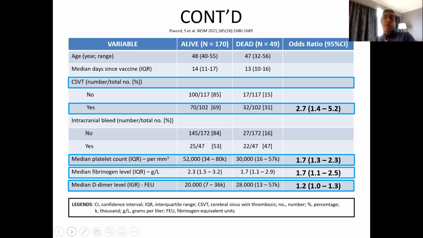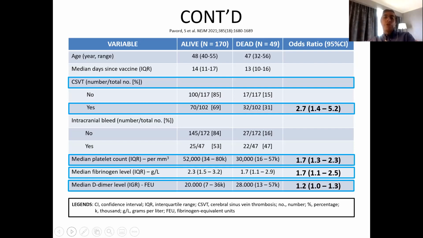Number two, individuals that have equal or greater than 50% platelet count drop in contrast to its baseline value would have an odds multiplied by 1.7 of death as the outcome.